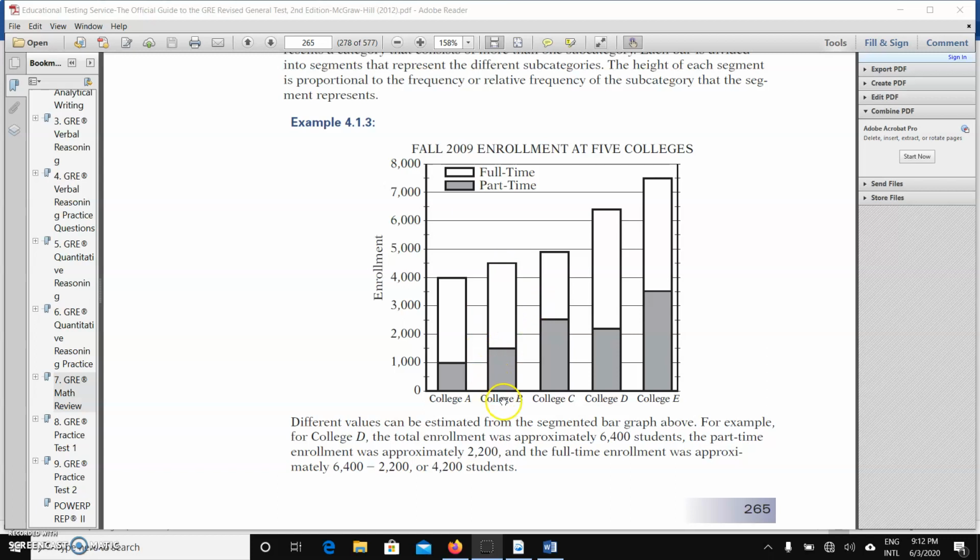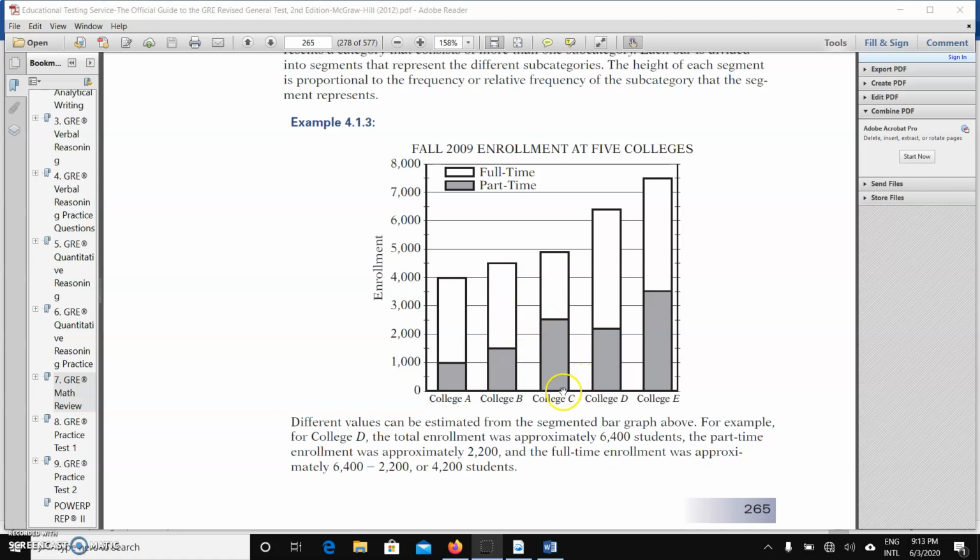This second one here, college B, if you look at it here, so 1,500. So that's 1,500 part-time, and you don't know this one. For us to get this one, you have to know the total. The total here is 4,500, right? 4,500 minus 1,500 is going to give you the number of full-time here.